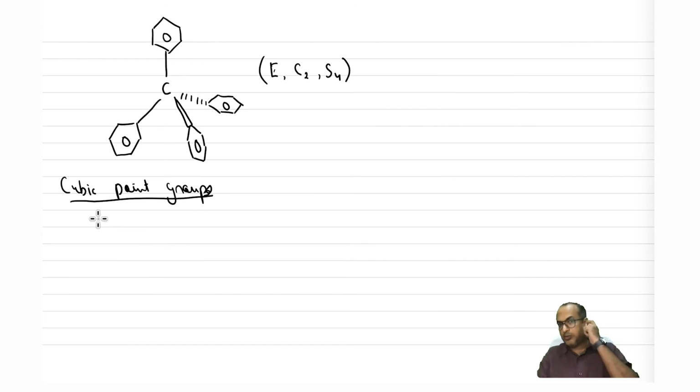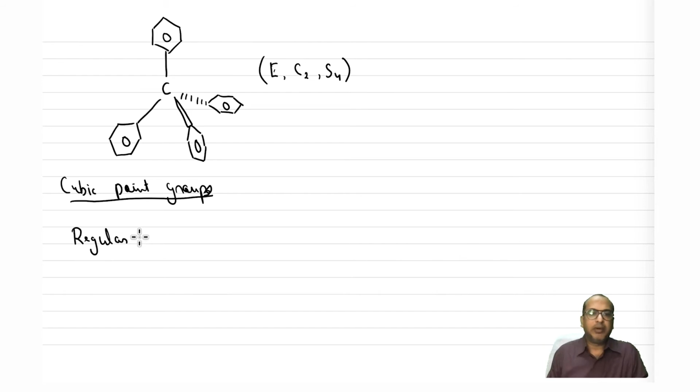These point groups are a little special in the sense that they are formed by something called regular polyhedra. The shape of these molecules can be represented by regular polyhedra. So let us first try to understand what a regular polyhedron is.